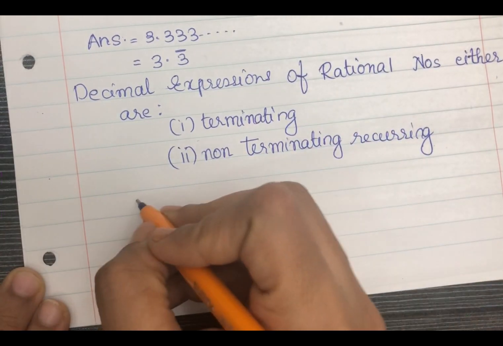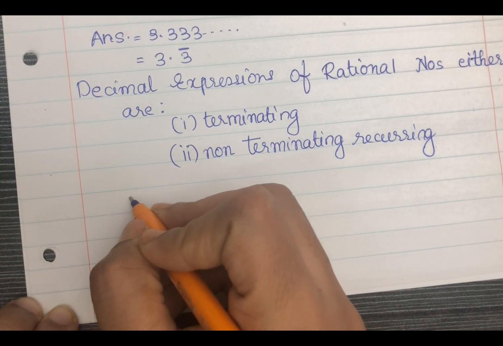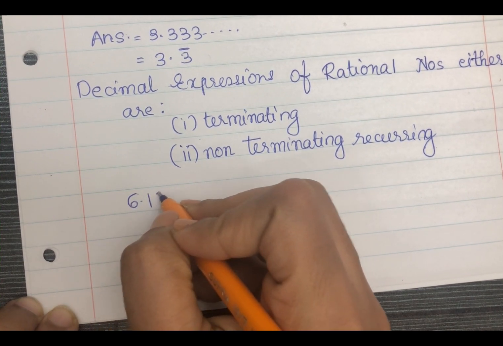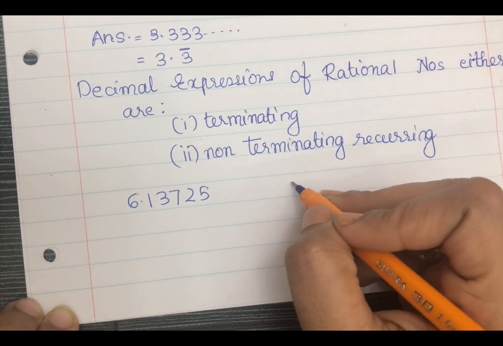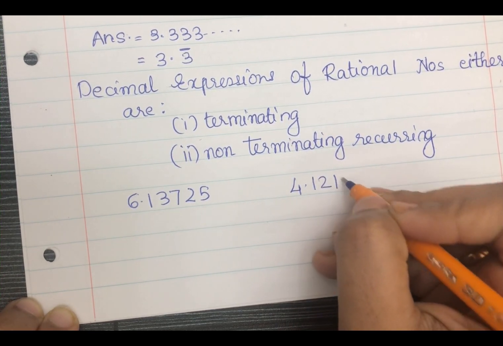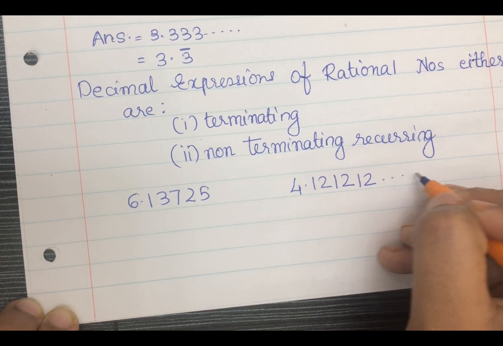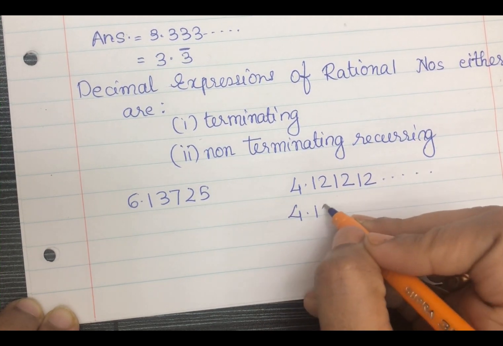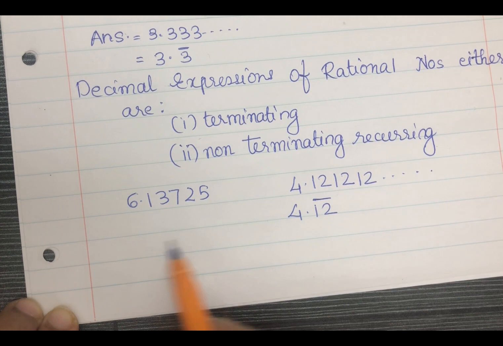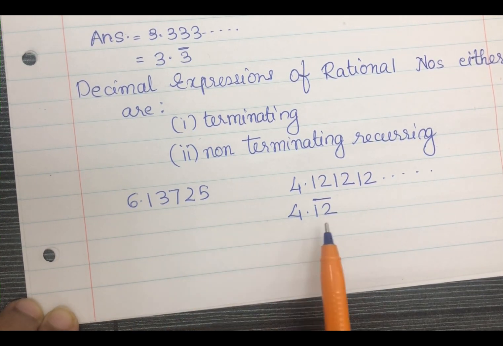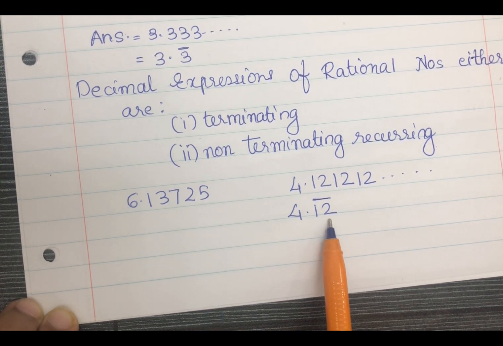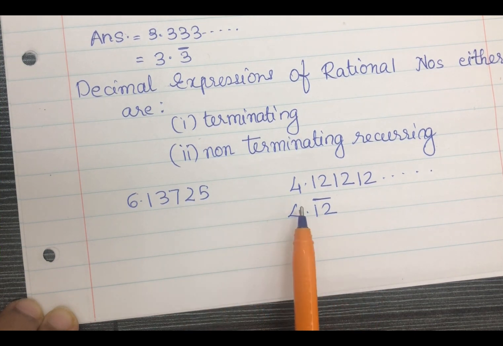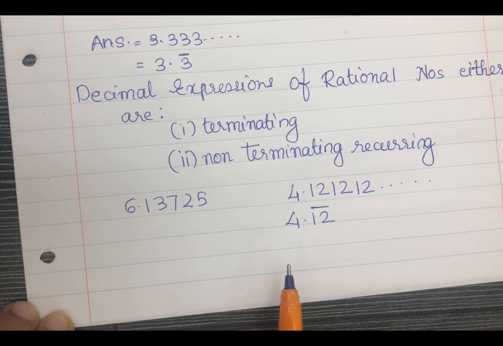Similarly, a number like 6.13725, or a number like 4.121212, here it is 4.12 bar. So whenever you come across any number like this, which is terminating or non-terminating, recurring, you can say that it is a rational number. Clear?